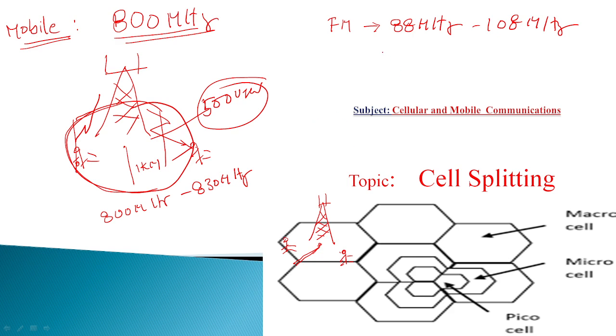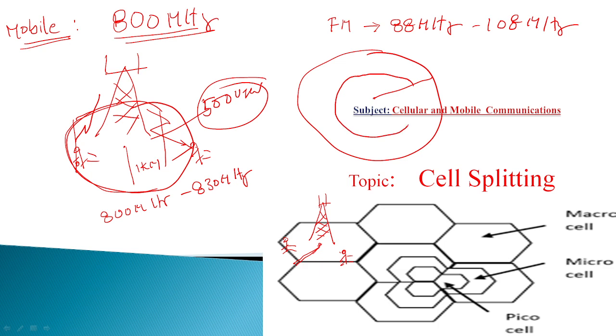This is the original cell, and this cell may be split again. The original cell may be split, and in the new cells we can increase the number of users, and frequency can be reused.